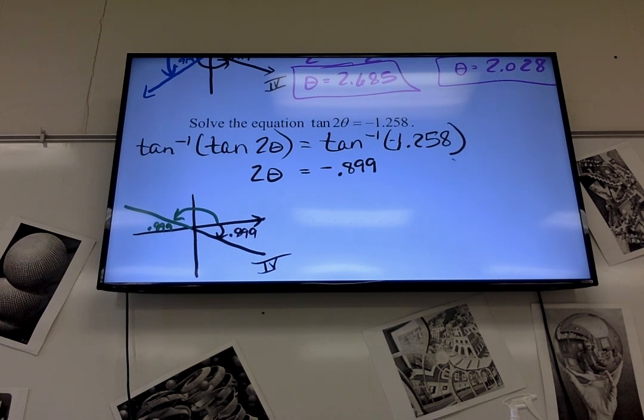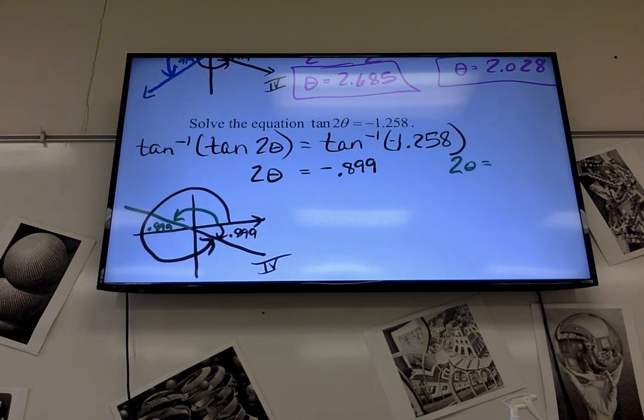So how am I going to find it? I need to find the first one first. I need this positive angle, the angle that goes all the way around, the black angle.